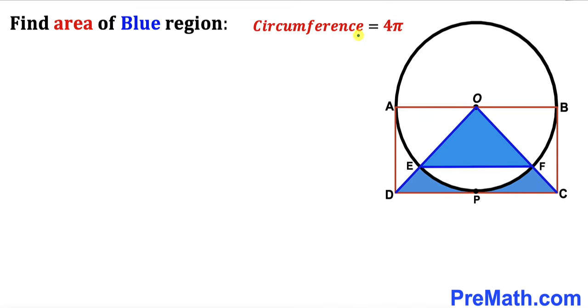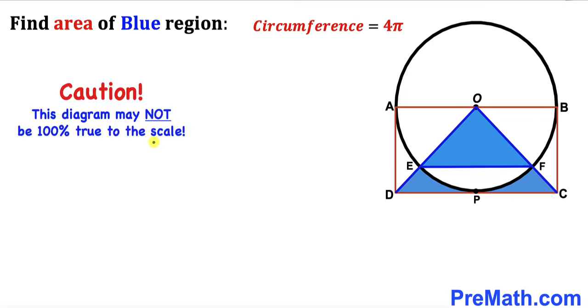Furthermore, the circumference of this circle has been given to us as 4 pi. Now our task is to calculate the area of this blue shaded region, this area and this area combined.